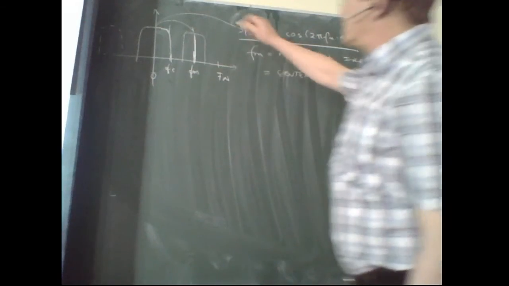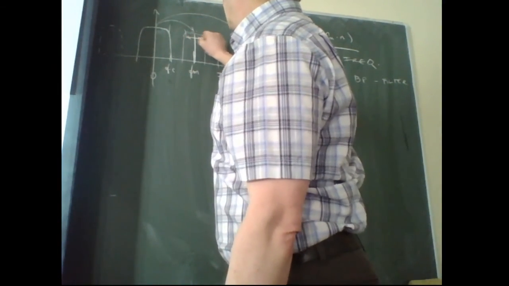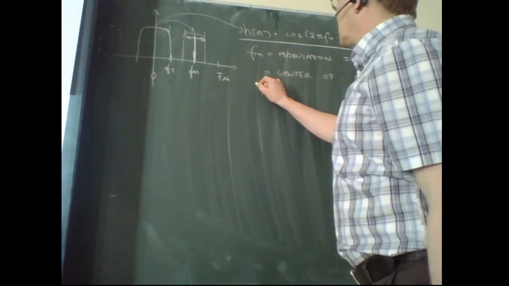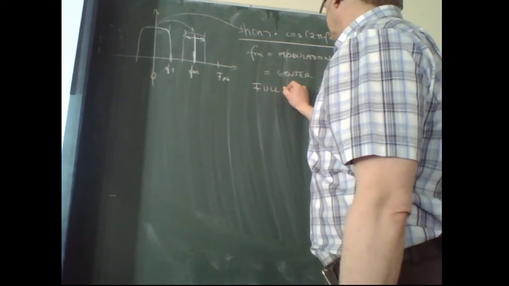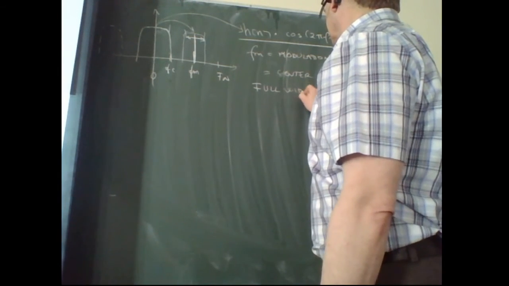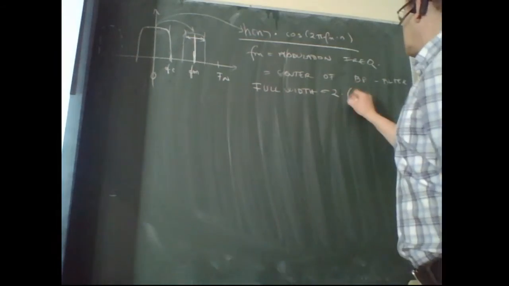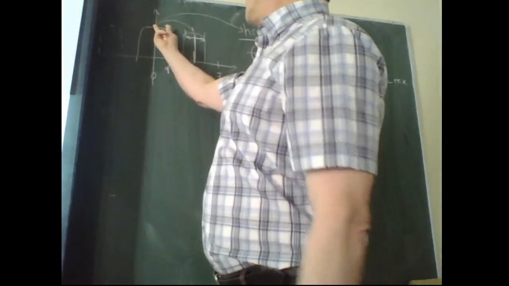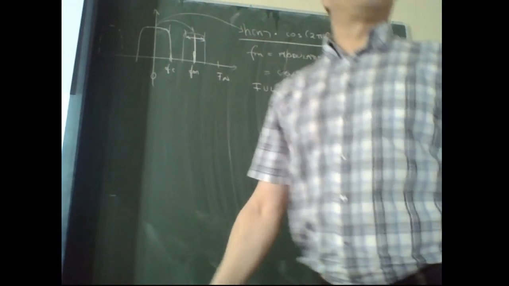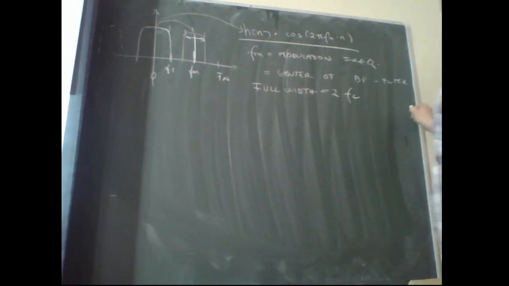A couple of notes. Now the full width of that band pass filter is actually 2 times the cutoff frequency. It's basically on both sides. That's nice.